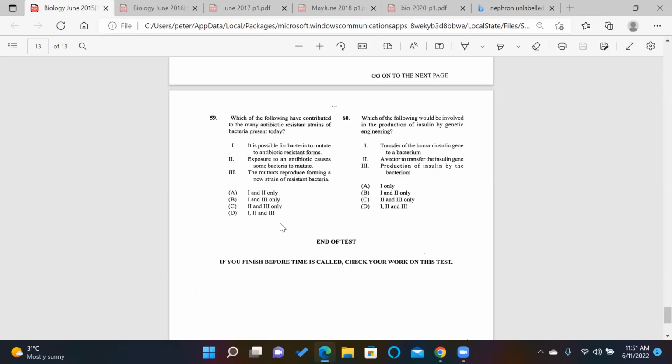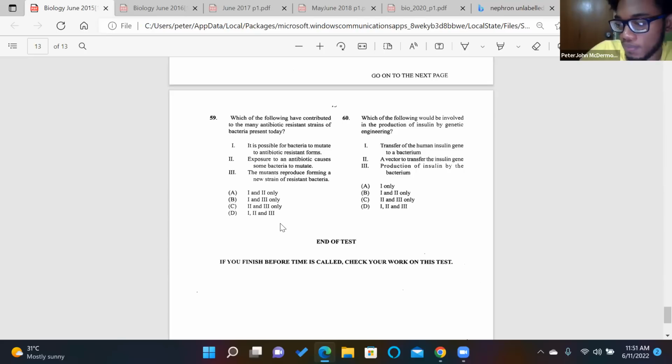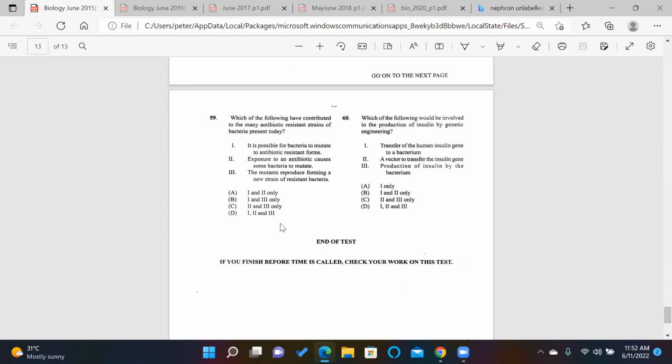Sir, D. I would go with D as well. All right, so next one. Which of the following would be involved in the production of insulin by genetic engineering? Sure about this one. All right, let me tell you how this works.